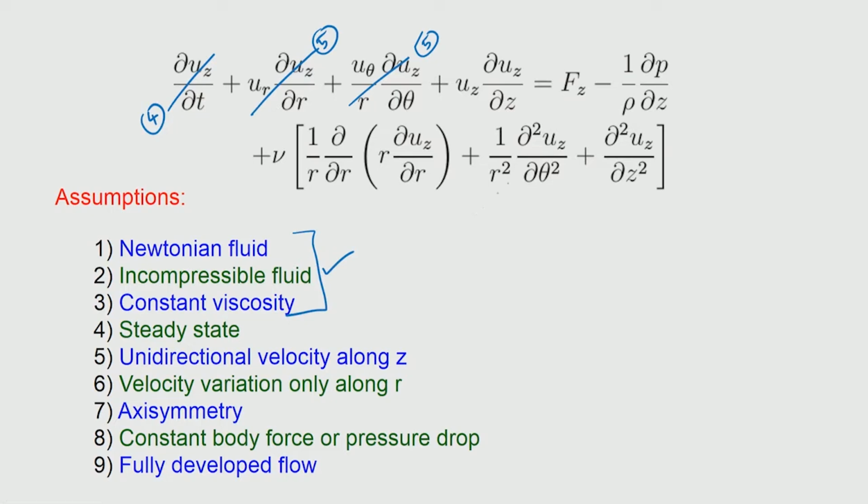So, variation along theta should be knocked off, and along the z direction also to be knocked off, and axis symmetry also implies that this is gone, and the fully developed flow would want you to drop this term, and then these are not there.